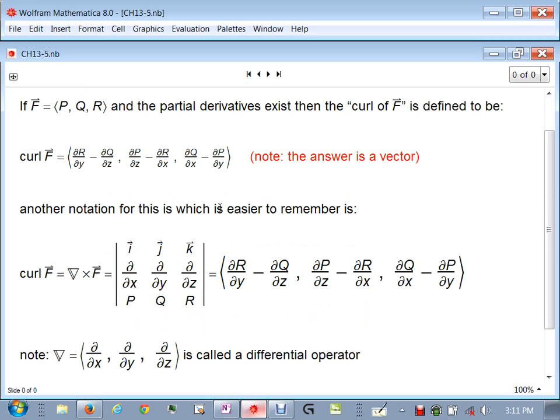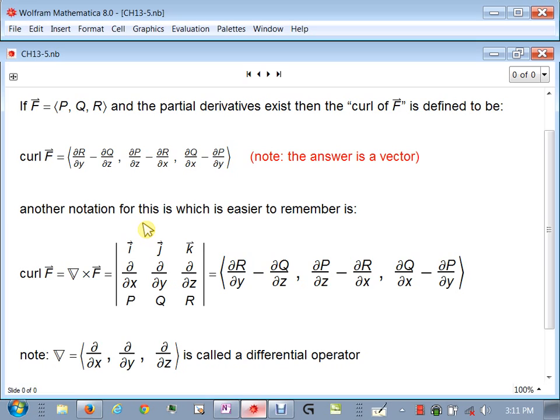It's all there. But another way to remember it in an easier way is to compute a cross product to get the curl. So y'all remember how to cross 2 vectors? We made this table up, and then we wanted to cross it to get the I. We covered up I, and then we did the determinant. Then covered up J, did determinant, and then reversed the answer, and so on.